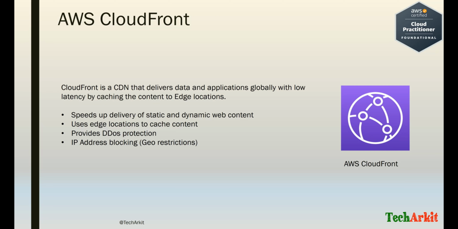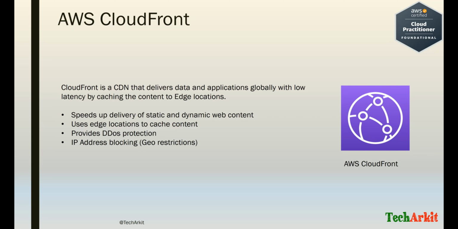So this is AWS CloudFront, which caches the application data and the applications globally with low latency. That's the main purpose of CDN, to deliver the content with low latency or no latency.